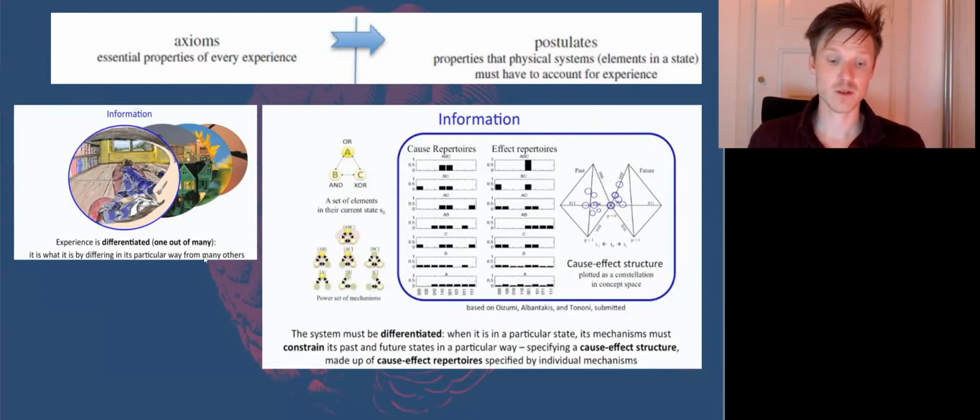What is termed in IIT is the cause and effect repertoire, meaning that these different elements in the system have causes and effects on each other, and these are a way of saying that the system can be tracked, so to speak.